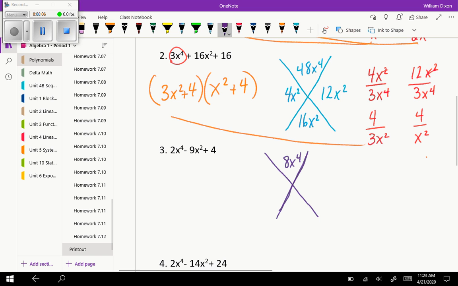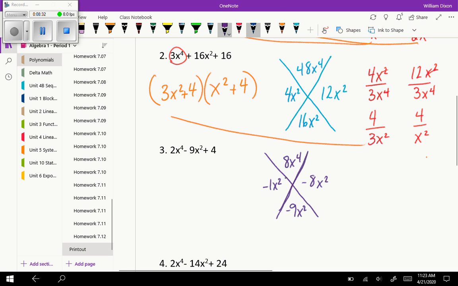I put my middle term down below. That's 9x squared. Okay, so those numbers that are going to multiply to 8 and add up to negative 9. Well, that's negative 1x squared and negative 8x squared.